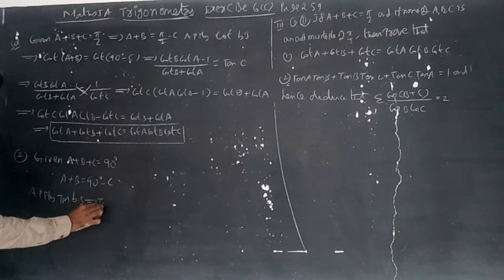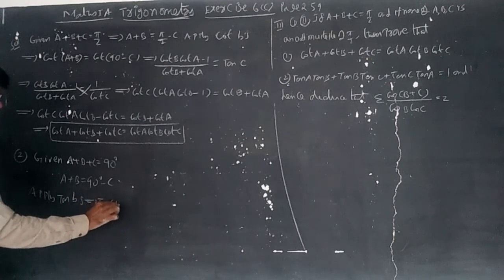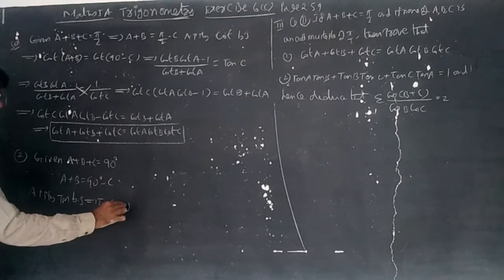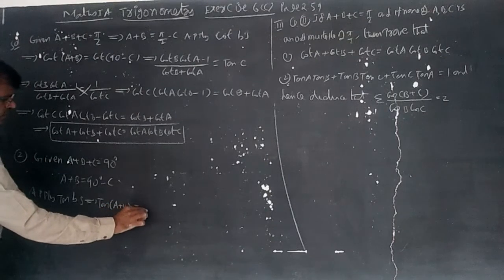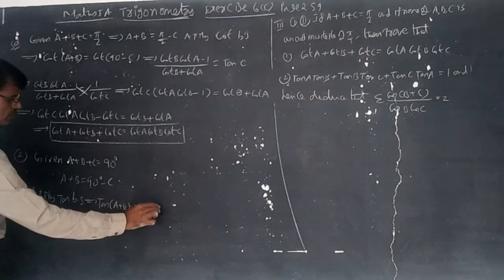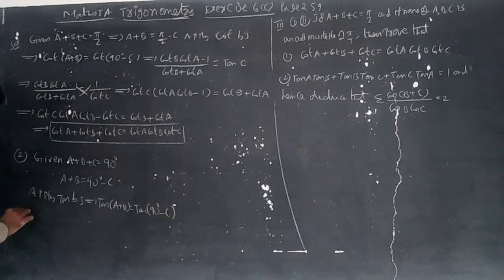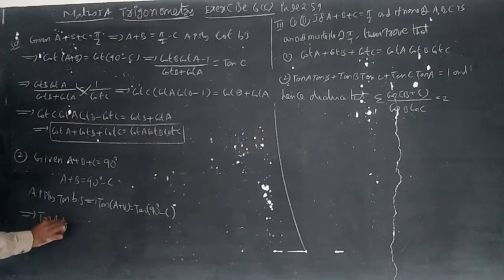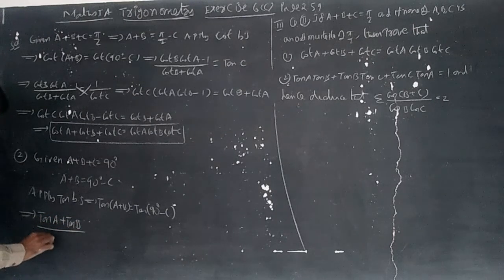That implies tan of a plus b is equal to tan of 90 minus c. Tan of a plus b formula: tan a plus tan b by 1 minus tan a tan b.